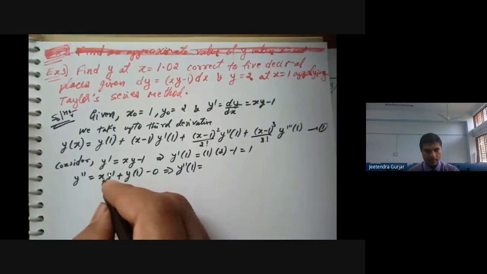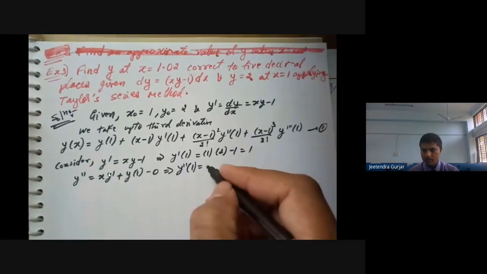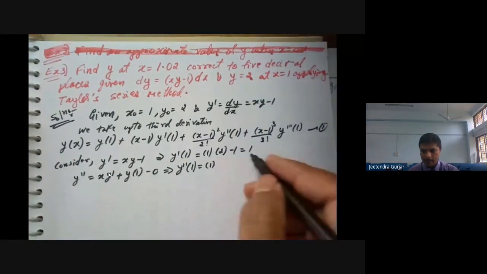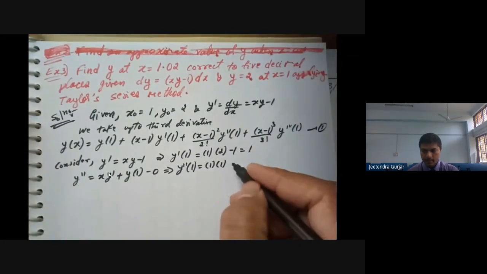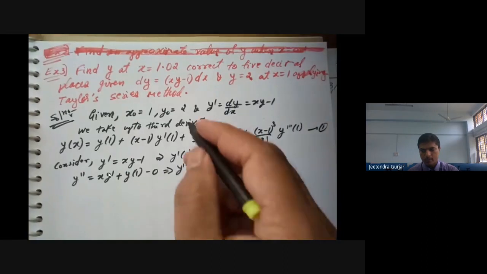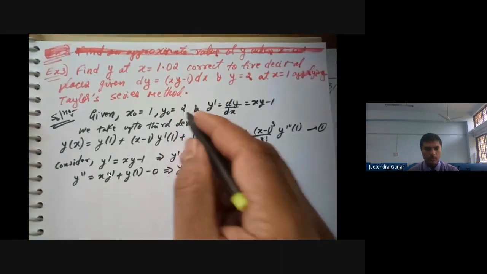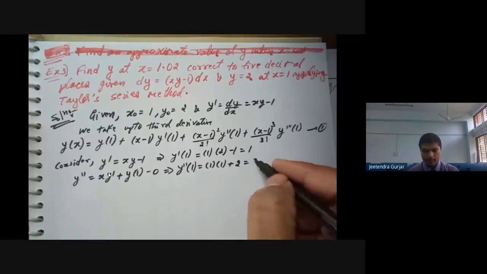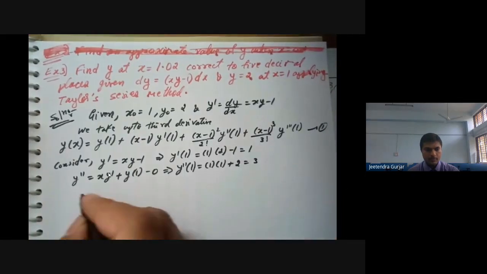X is 1, y dash is also 1, that we have calculated above. So 1 into 1 plus y of 1, it is given 2. So 1 into 1 plus 2 is equal to 3. I think everyone has got y double dash as 3.